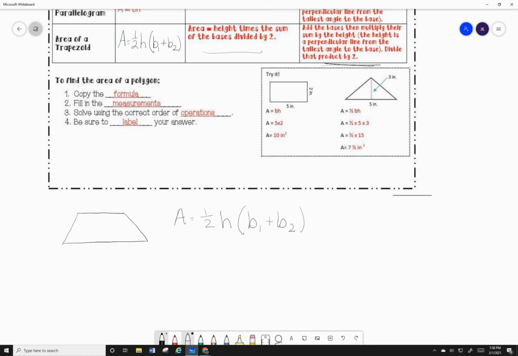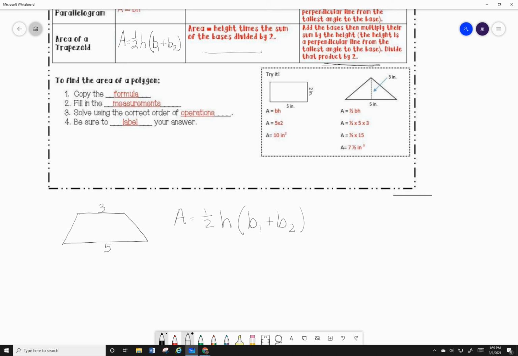But again, in the trapezoid that was tilted on its side, the bases are still the sides that are parallel. So we're going to say that this base is 3, and this base, we'll call this one 5. And then we need a height. And just like when we talked about parallelograms and triangles, the height of a trapezoid is determined by creating a right angle from the highest point to the base.